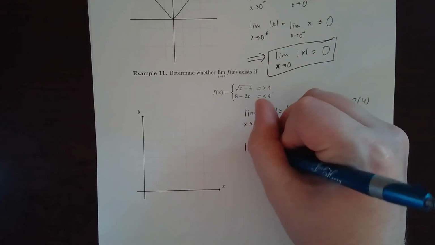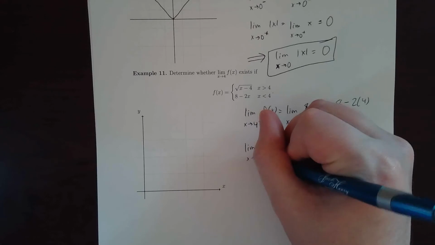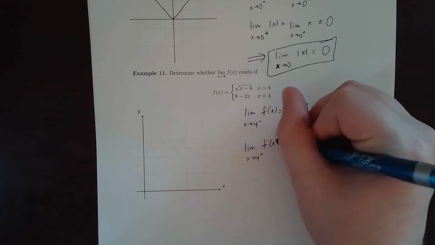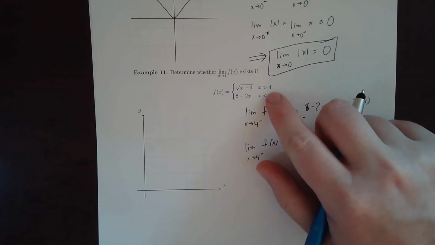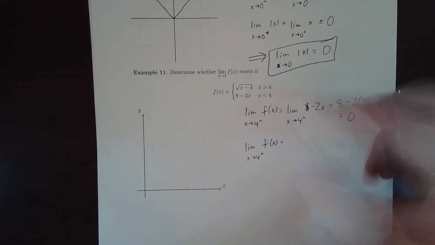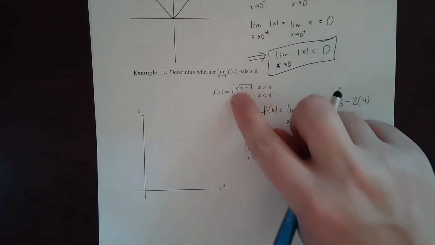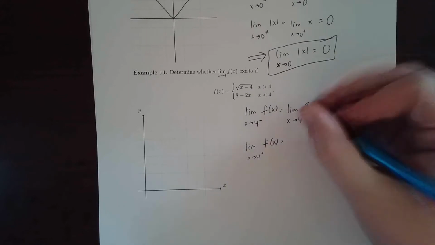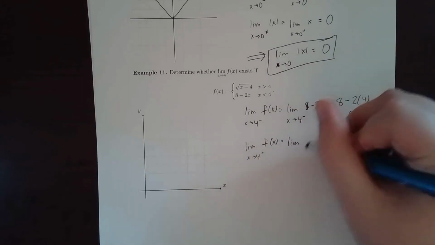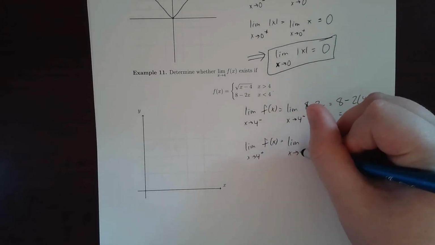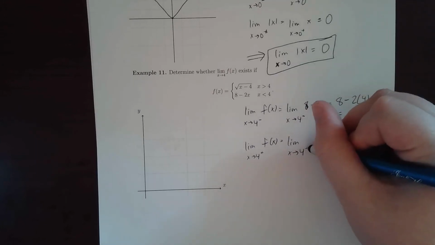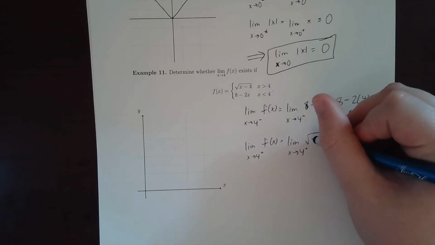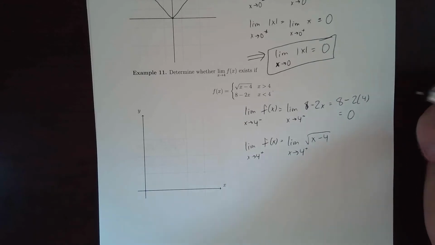Next we'll look at the limit as x approaches 4 from the right of f of x. And so again, if we're looking at x values that are above 4, we're looking at this square root of x minus 4. So we'll be looking at the limit as x goes to 4 from the right of the square root of x minus 4.